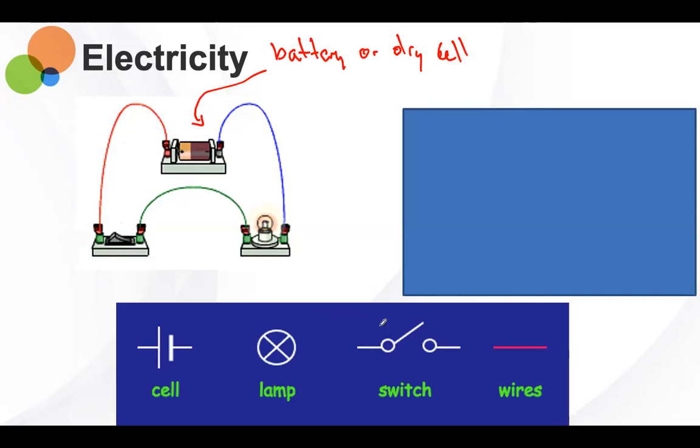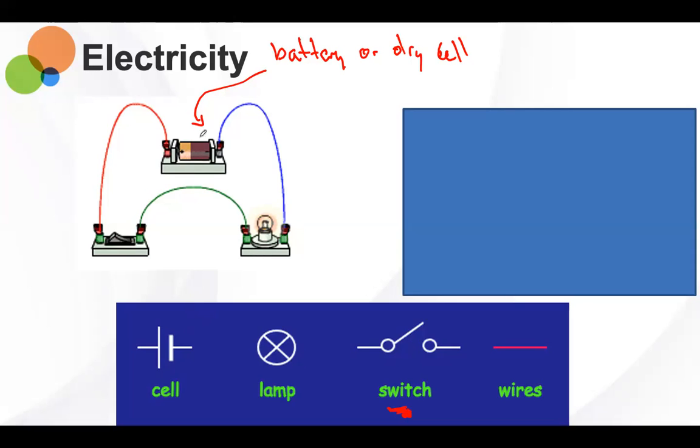With this switch, this is the symbol for it, we can turn on or turn off the light by essentially blocking the power being driven to our light here. So we can turn it on and off.